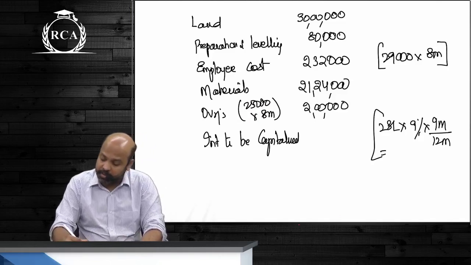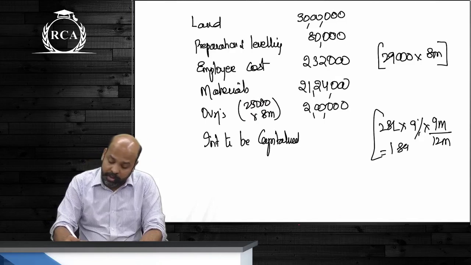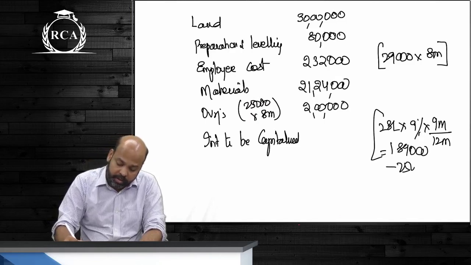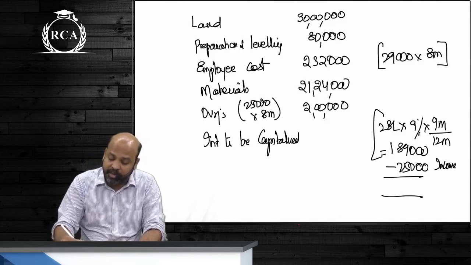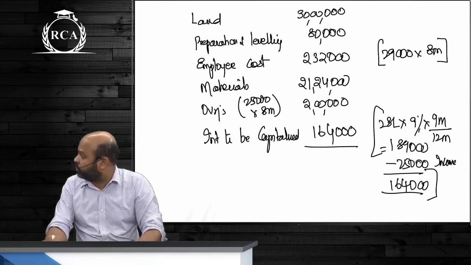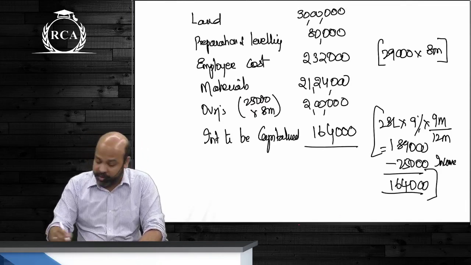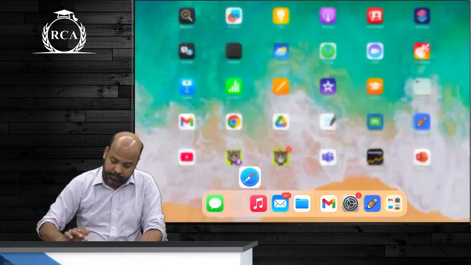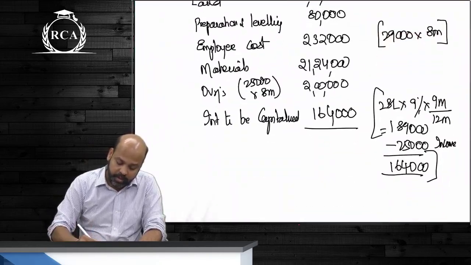How much is this, beta? 1,89,000. Reduce income, beta. Income from temporary investment of funds. Remember specific borrowings? You reduce it. How much does it come to? 1,64,000. How much is the total amount? Exactly 58 lakhs.